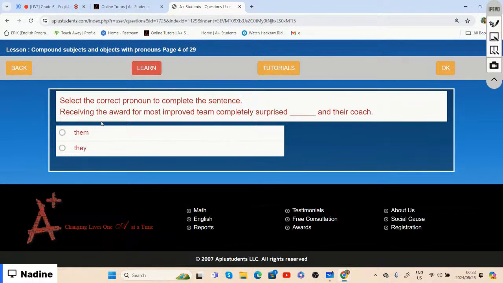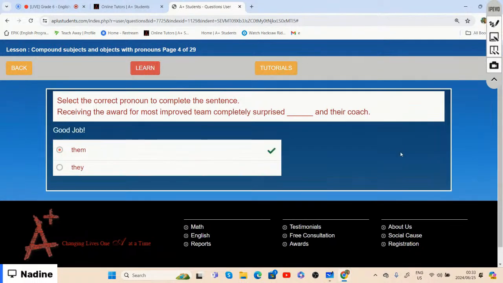So we will say receiving the award for most improved team completely surprised them and their coach.